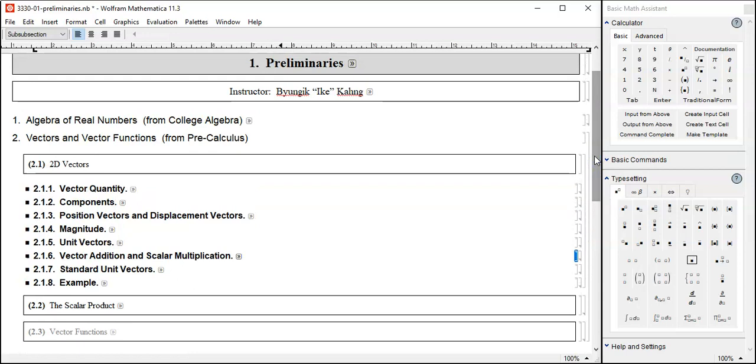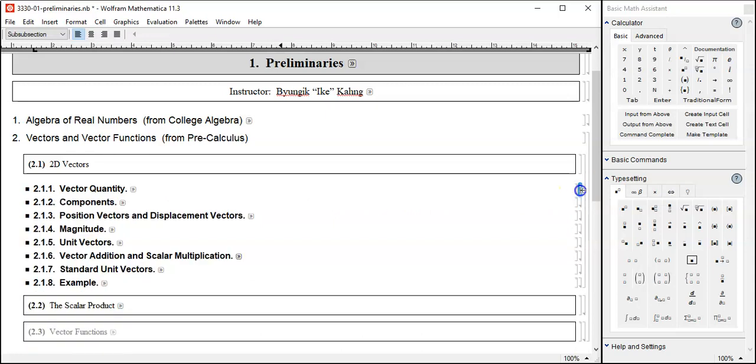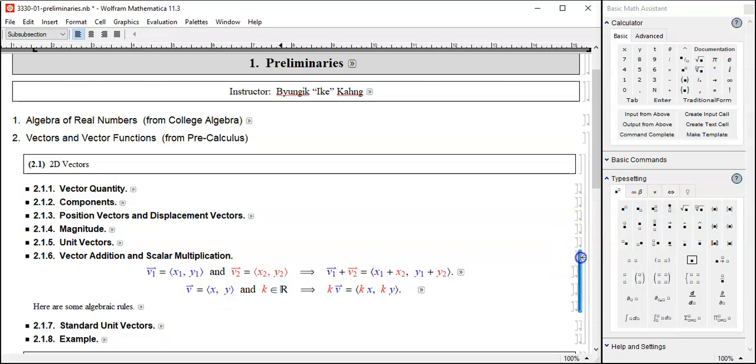So in summary, what did we do? We talked about vector quantity, and we have magnitude, direction, and algebraic rules. And then we talked about components. So we talked about vectors in the coordinate plane, and that generated vector addition and scalar multiplication using coordinates. So add up the x coordinate, add up the y coordinate, that's 1, and multiplying k to each component, that's 2.